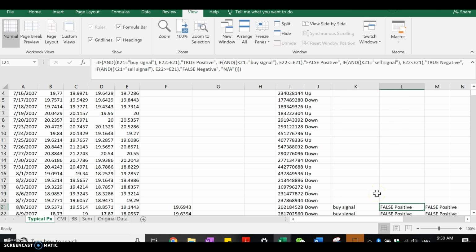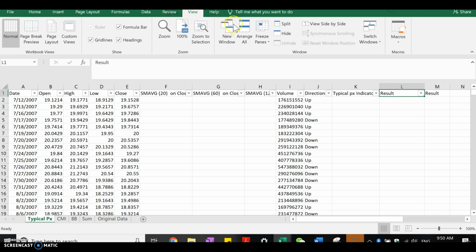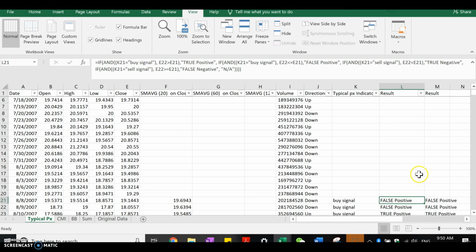Another important concept here is that I'm going to freeze rows so it's easier to view. This is how I document the results: true positive, false positive, false negative, and true negative.